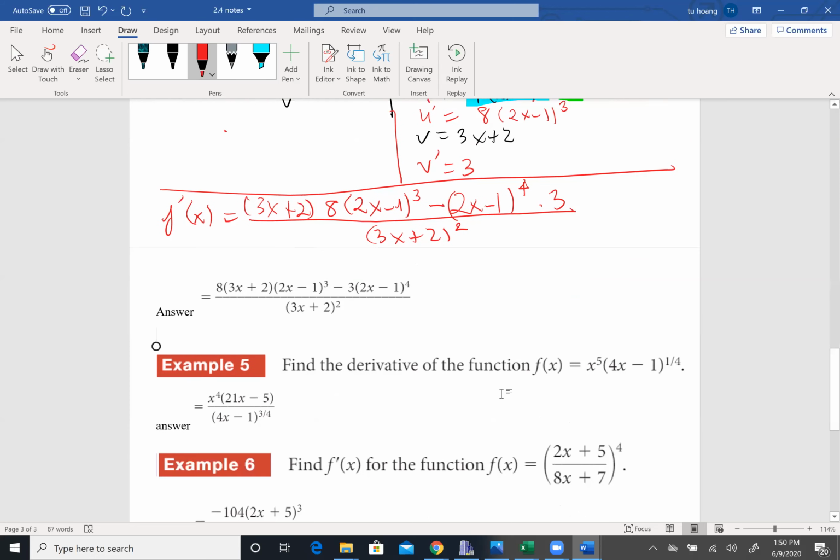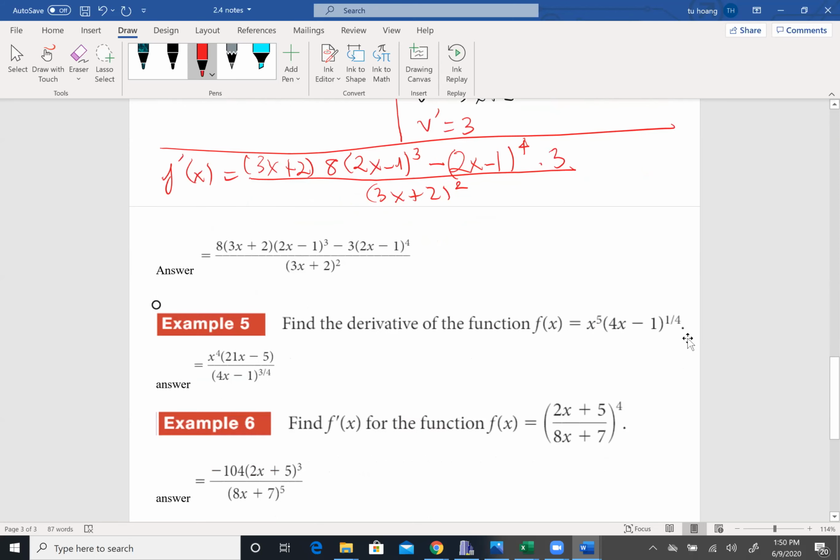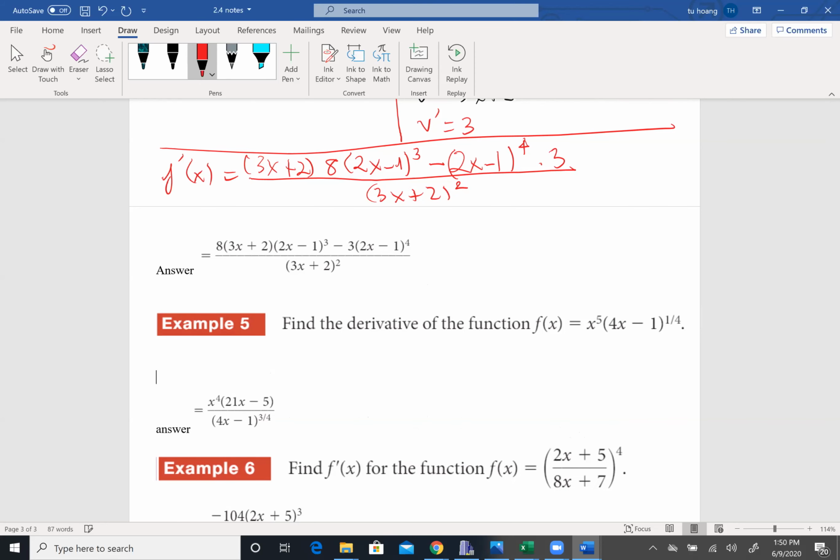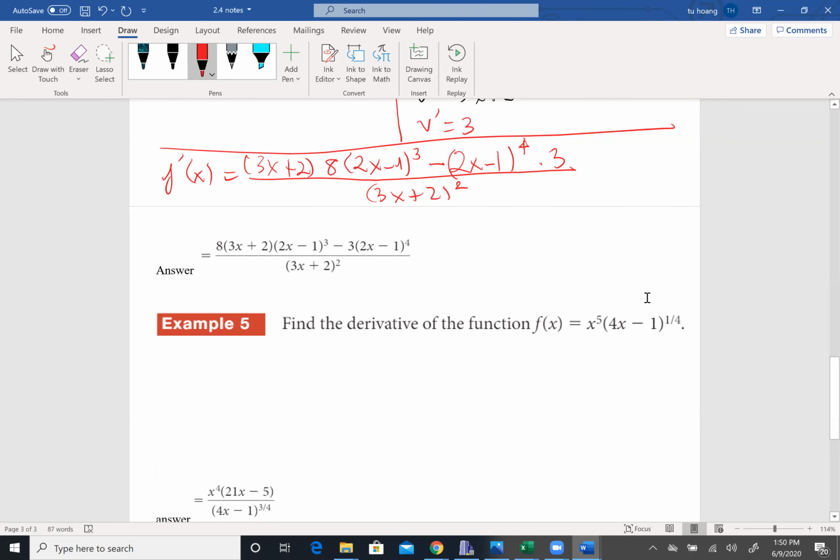Another example in here is example 5, and this is also a combined rule between the product rule and the chain rule, right? So you see that in here, looking globally, I have a product between x to the fifth and 4x minus 1 to the power 1/4. So I can rewrite f of x as u times v.